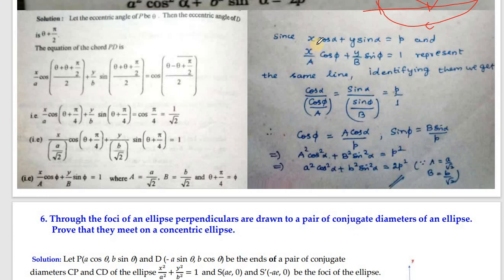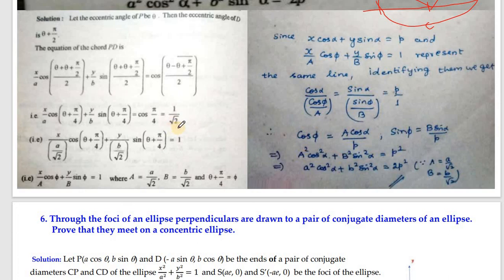Now we are given that x cos alpha plus y sin alpha equal to p is a line, and another one is this. But it represents the same line, and therefore we can identify the two equations, so that you have cos alpha by cos phi by A equal to, and so on. So from this you get cos phi and sin phi, so that cos square phi plus sin square phi is equal to 1 is known. So that is what is done here, and it is not a locus problem.